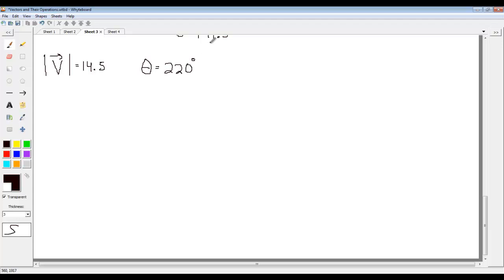And we want to know the horizontal and vertical components. Okay, so this vector, looking at it being over here, has a length of 14.5, and this angle is 220 degrees. And we want to see what A and B are.